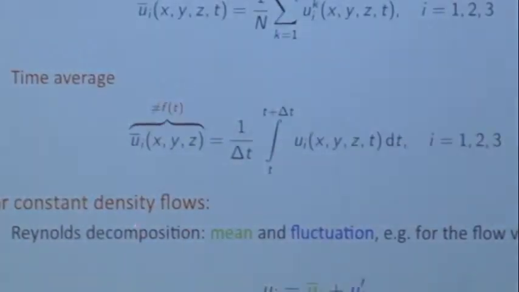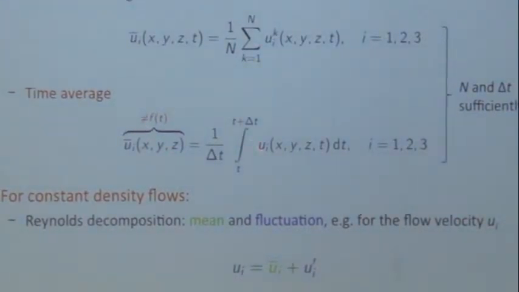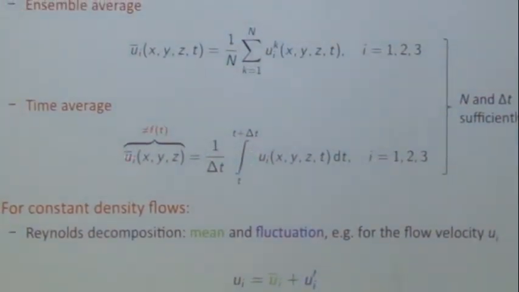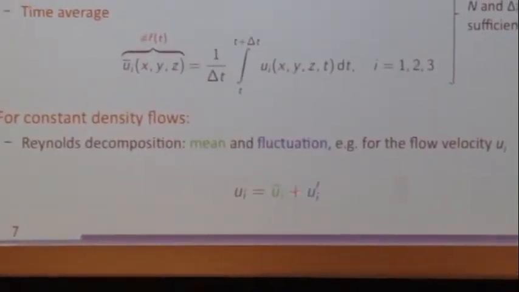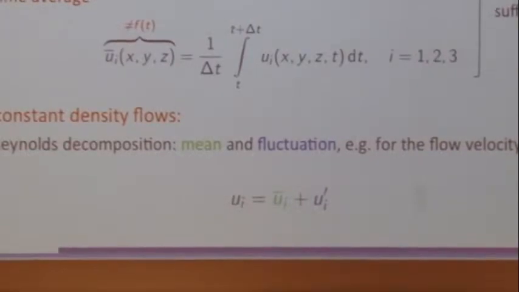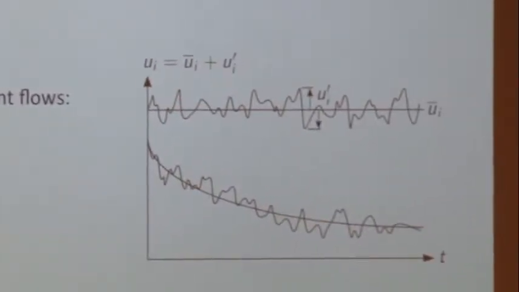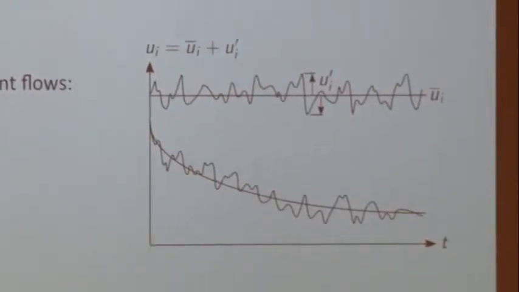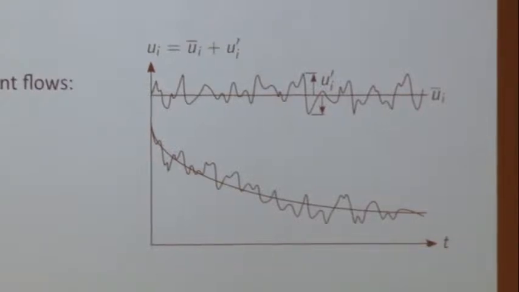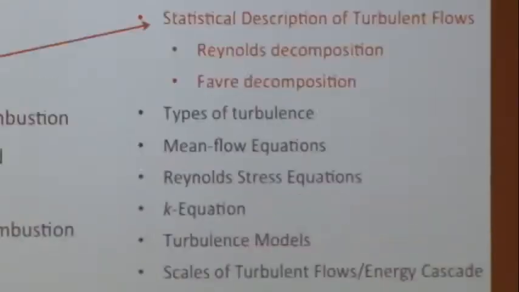Good, so we have to find the mean, but the local instantaneous value is different from the mean. If you take the difference between the local instantaneous value and the mean, you get the local fluctuation, the departure from the mean. You see that is a time-varying signal, sometimes positive and sometimes negative. But in the mean, just by how we define the mean, if you take the mean of this fluctuation, it's 0.